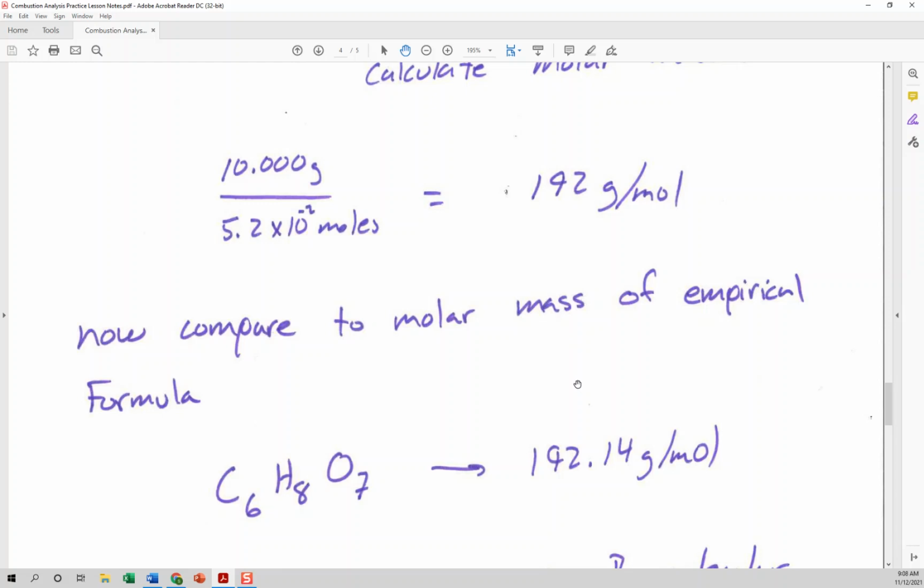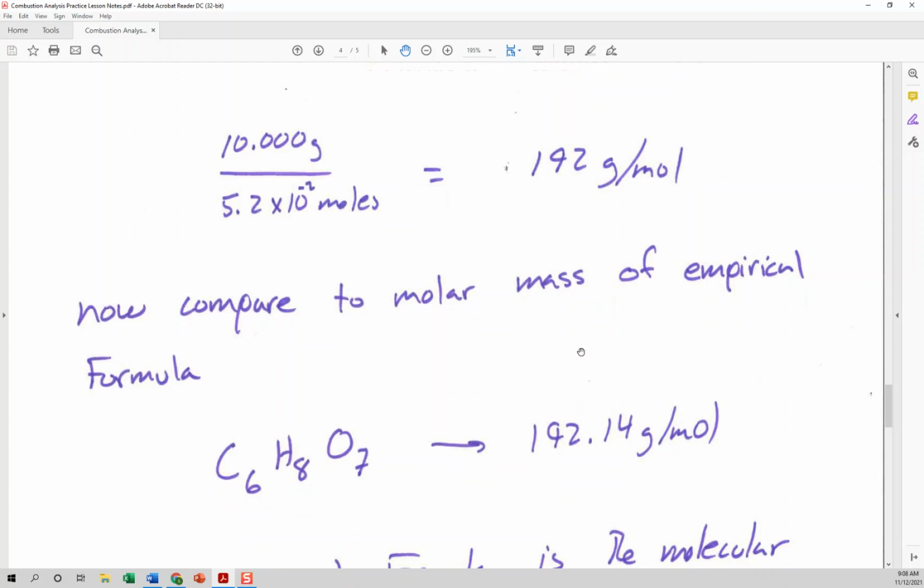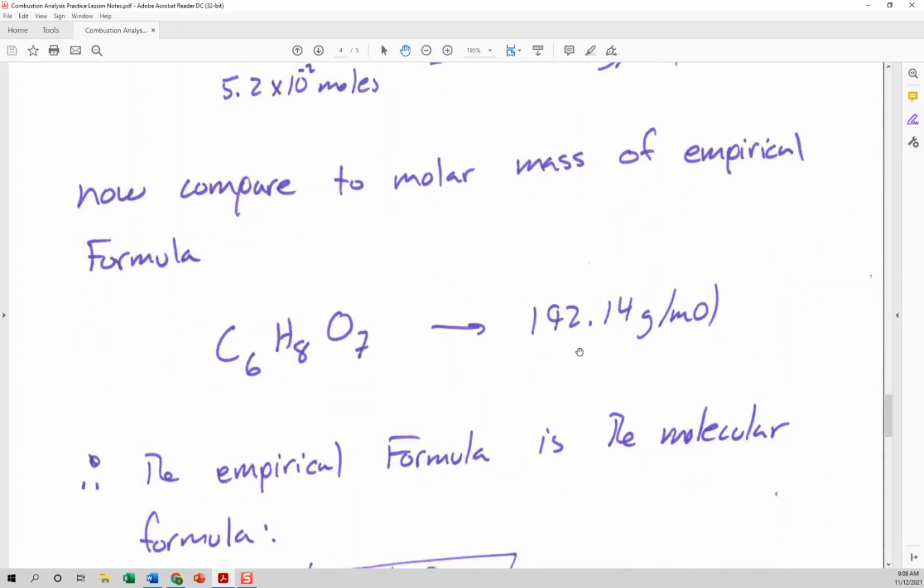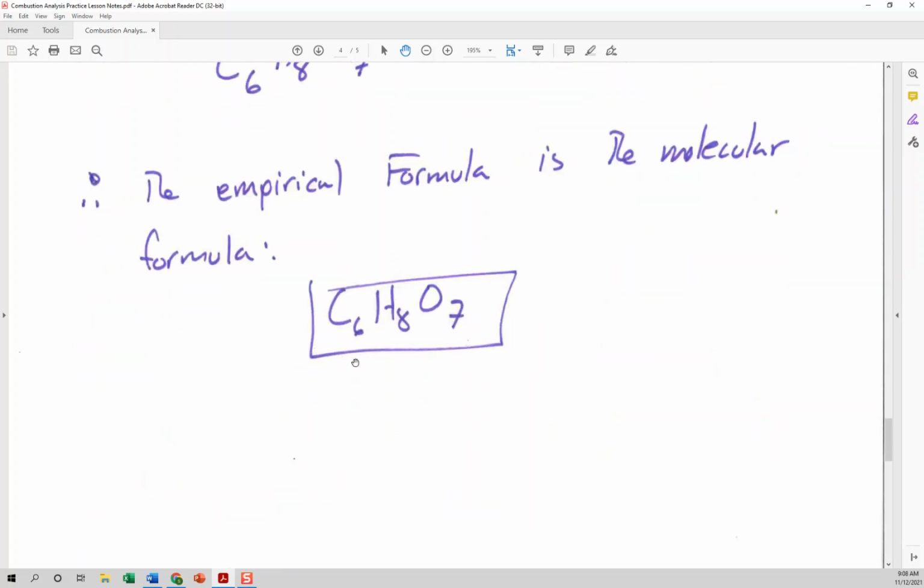You'll either get 1, 2, 3, 4, 5, 6, 7, and again, we're just rounding. So when you divide, it might not be exactly 4, but it might be like 4.001, close enough to 4, or 3.99 or something like that. All right. So that's the molecular formula of the compound.